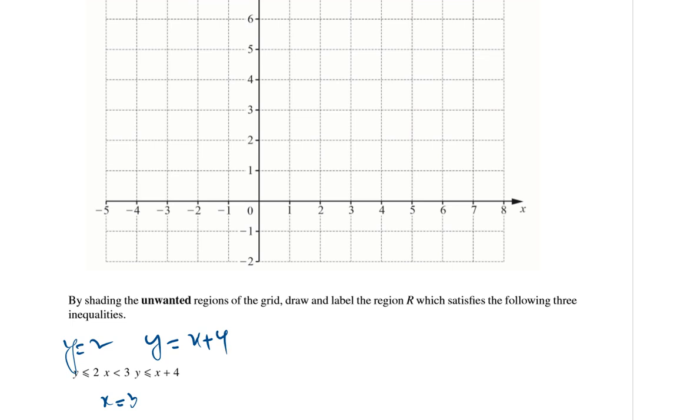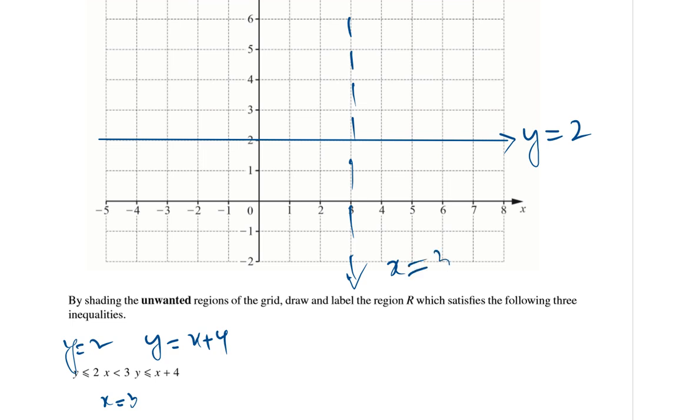So y is equal to 2 will be this line, y is equal to 2, x is less than 3, dotted line, this thing, this will be x is equal to 3, and for this line you may use the method I have shared earlier.